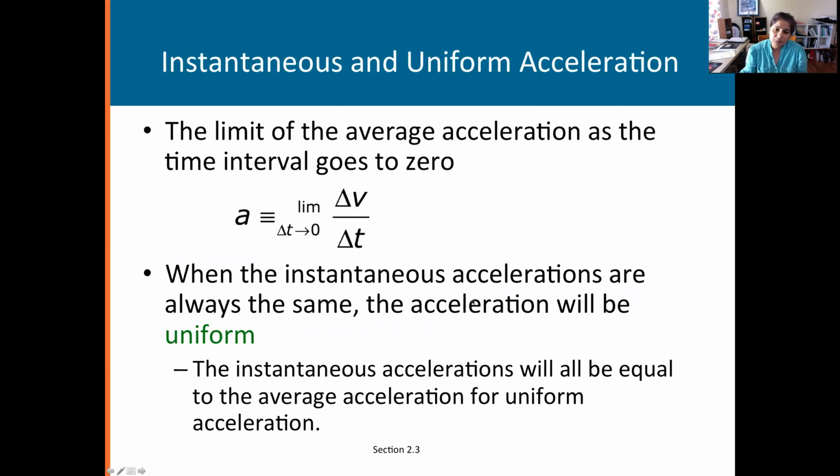We will find later on that we are interested in describing motions which have uniform acceleration. That means the acceleration does not change with time. If that is the case, then your instantaneous acceleration and your average acceleration are the same. So the average of, say, 5, 5, 5, 5, 5 is 5.